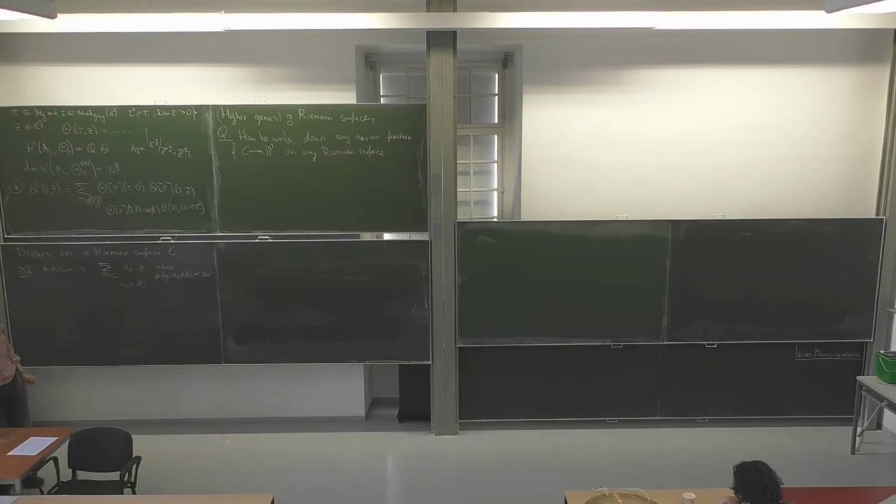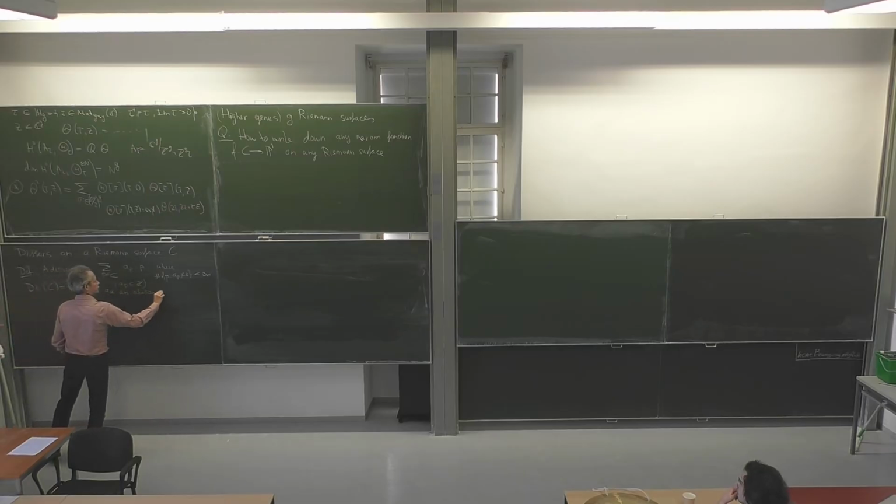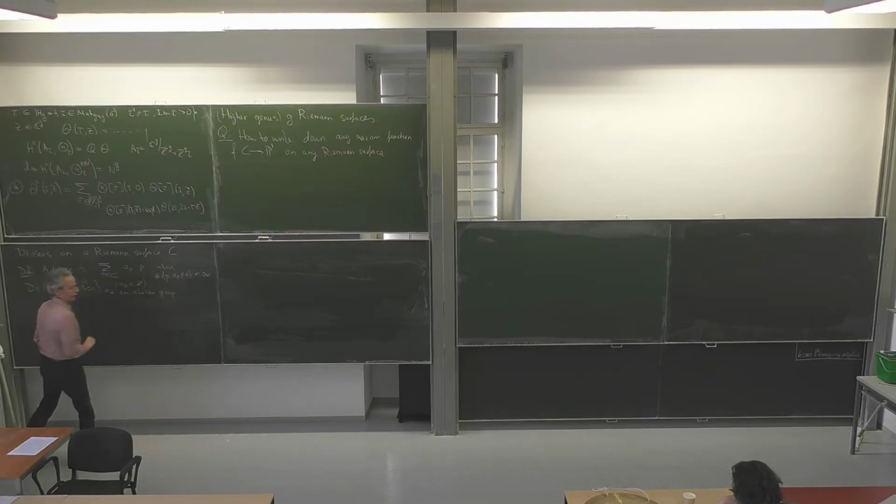Then divisors on C are an abelian group, because I can just formally add any two such things, right? A divisor, usually denoted D, has a degree.